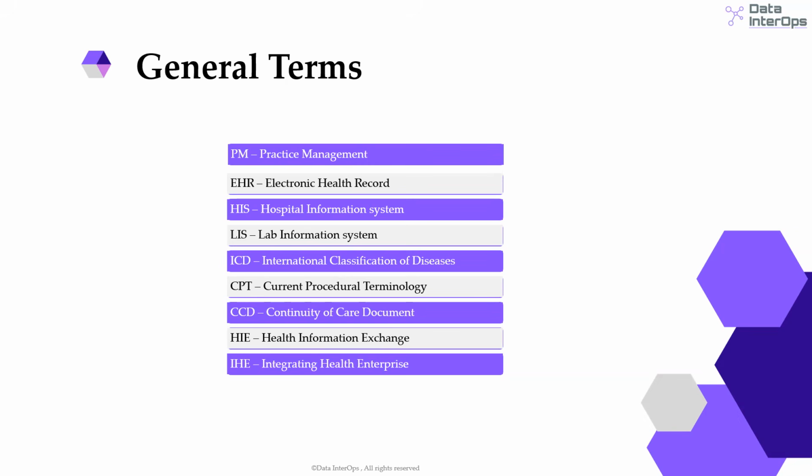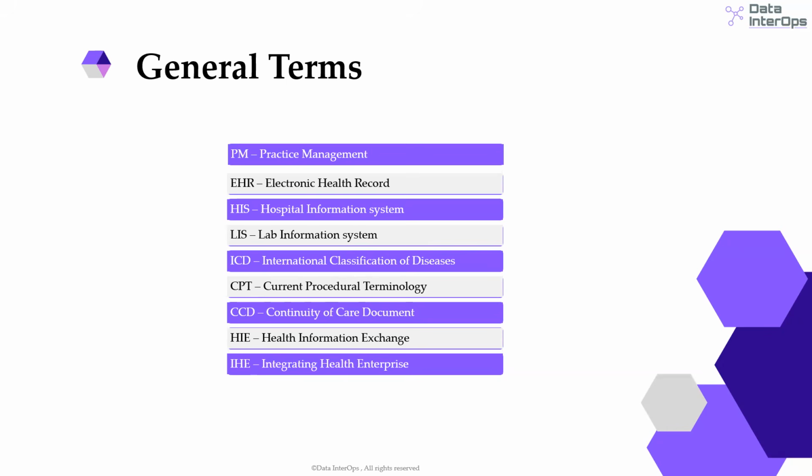So it will have scheduling, patient registrations, claim management, and all of your EHR related modules, like clinical windows where you store the entire patient information. So that is called HIS.